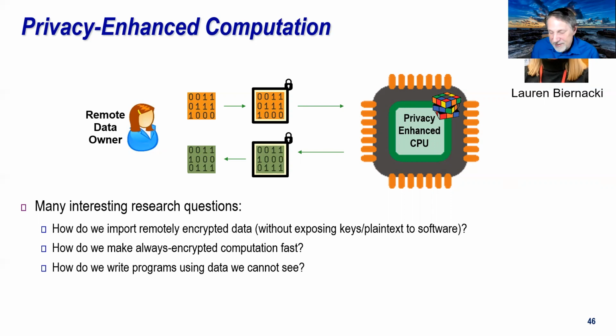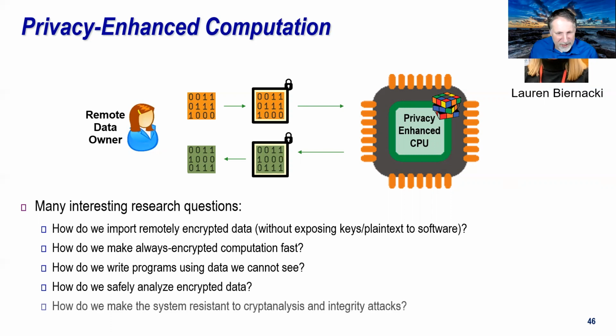It means your algorithms sometimes run about twice as long as they normally would, because you can't look at the data and know that you're done. Then, how do we safely analyze encrypted data? And how do you make this system resistant to side channel attacks, and resistant to analyzing the cryptography?